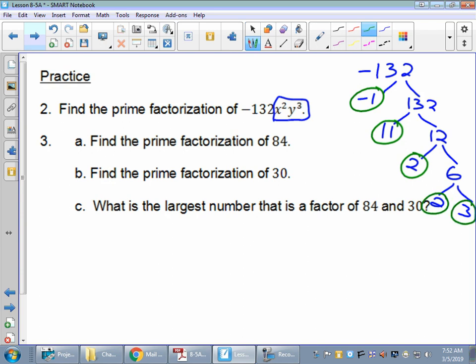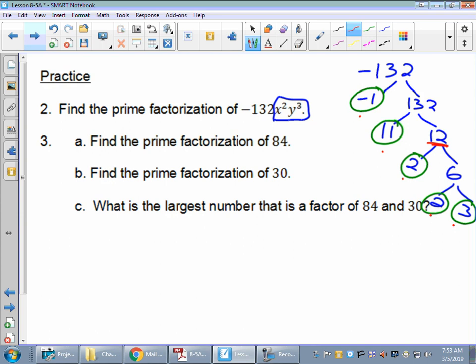Okay, so now I'm going to list them in terms of prime numbers, and I'm going to go in order from lowest to biggest. So I'm going to start here with negative 1. All the numbers I have circled here, basically. Here, here, here, here, and here. It didn't matter, like I said, if you went 3 times 4 for this 12, you'd have your 3 prime number, and then you'd have a 4 that you'd have to break down into 2 twos anyways, so you'd still get the same answer.